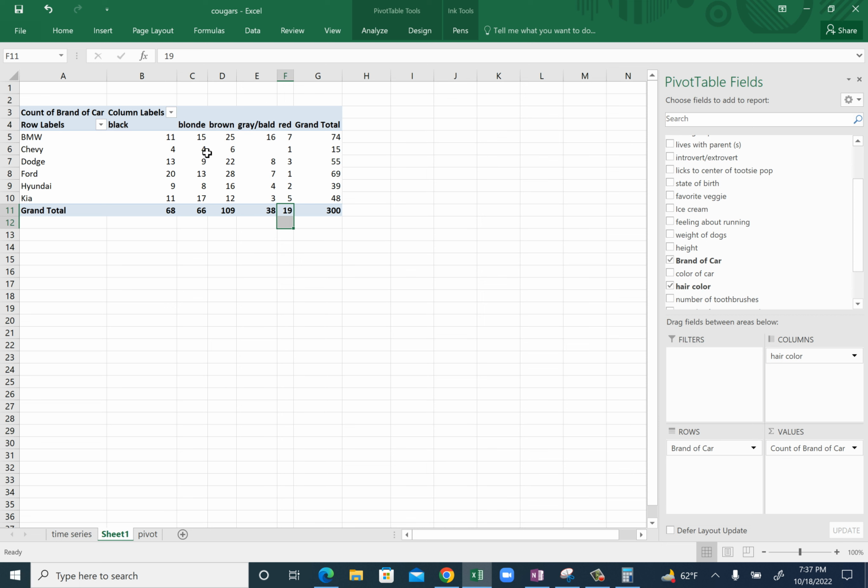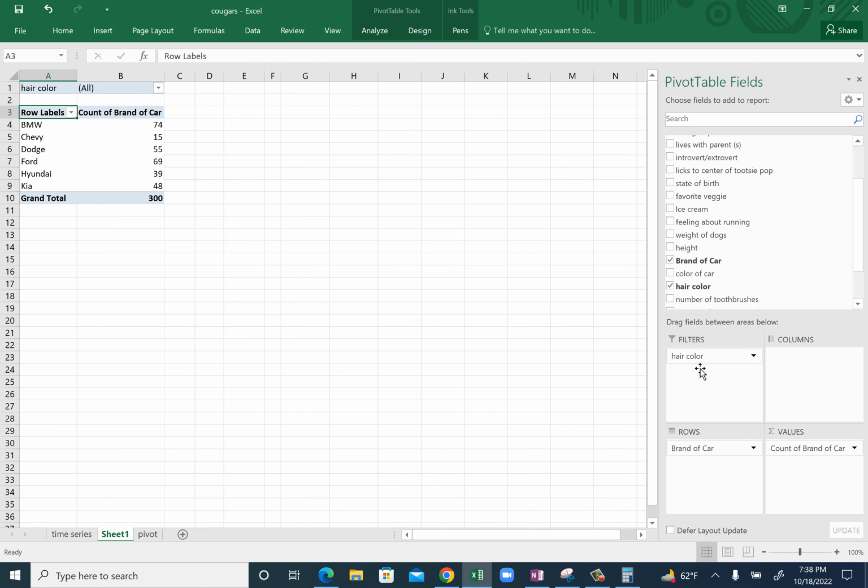And of them, 4 plus 1, which is 5. 5 out of 85. That's hard to do. So for me, it's easier to bring these over here and then filter out the ones I'm interested in. To me, that's just a nicer way to go. I think that's just an easier way to go.